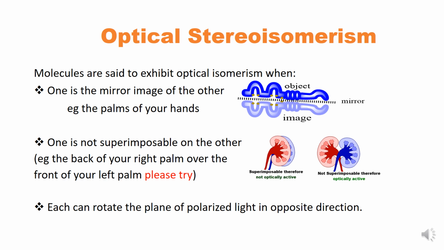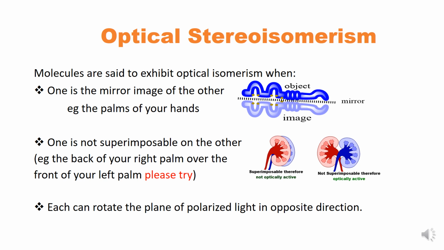So to the right, it is not superimposable. Therefore, it is optically active. But the left object is superimposable. Therefore, it is not optically active. Therefore, the left-hand side image is not optically active, while the right-hand side image is optically active.